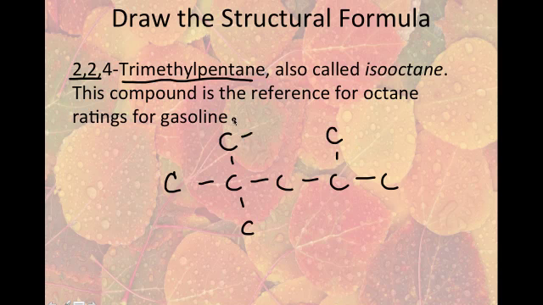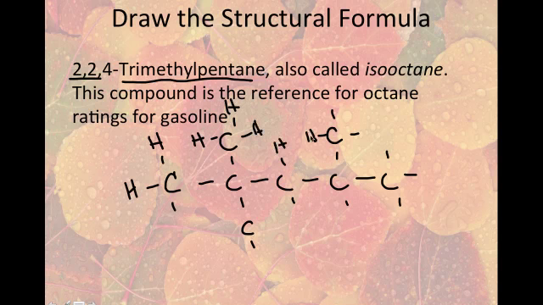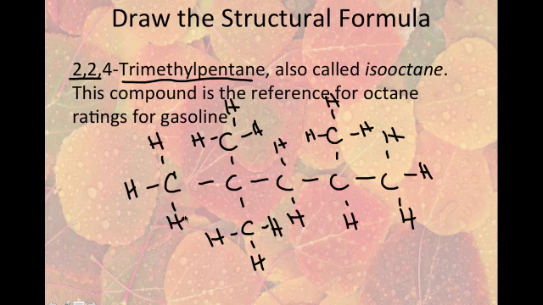So that means every carbon's got to have 4 bonds, right? So we'll fill in our hydrogens so that everybody gets to have 4 bonds. So that makes 1, 2, 3, 4, 5, 6, 7, 8, 9, 10, 11, 12, 13, 14, 15, 16, 17, 18 hydrogens.